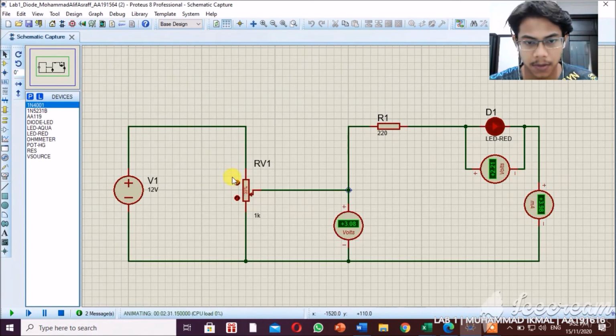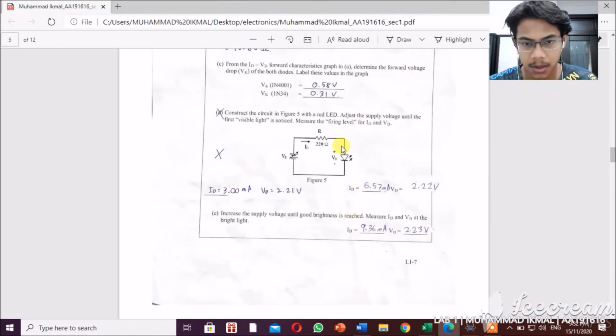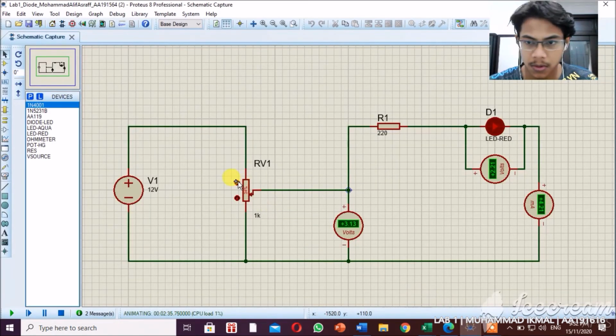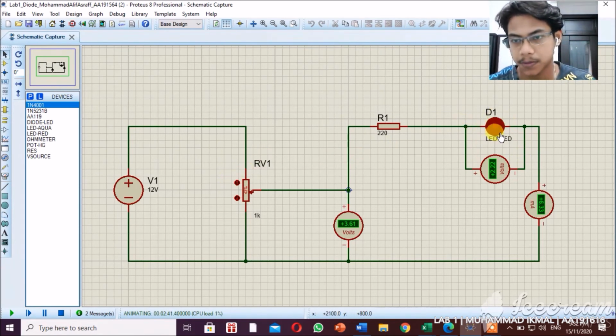And for the firing level, it is 2.2 volt. See, the diode starts to fill all the color in the LED.